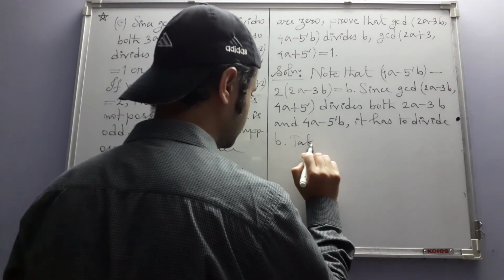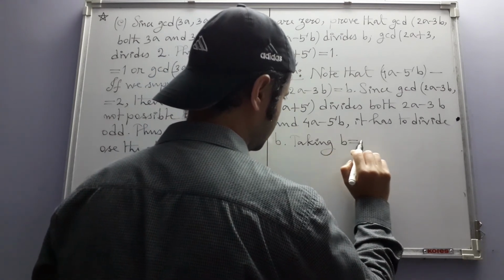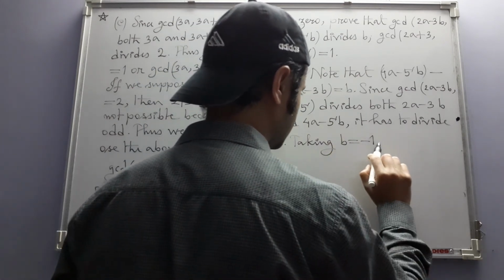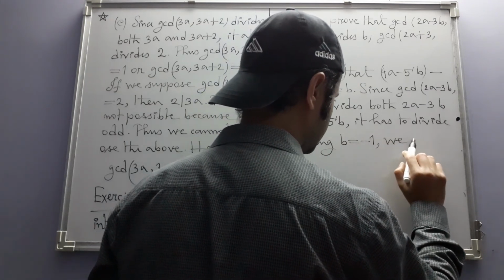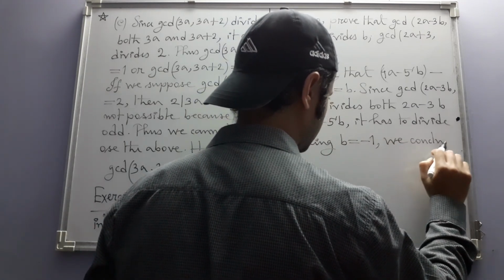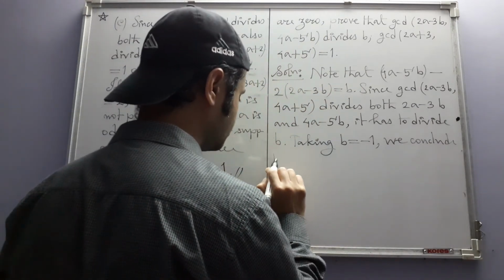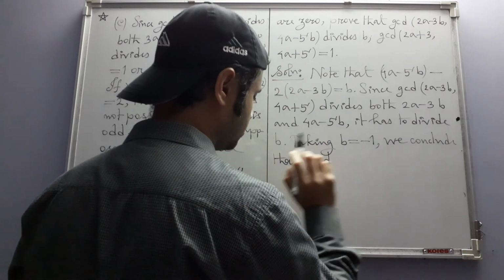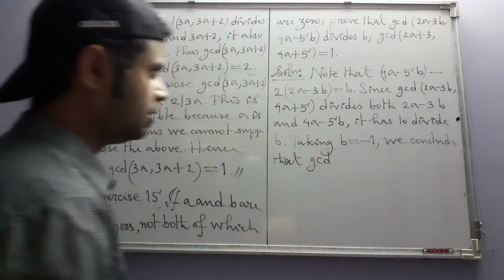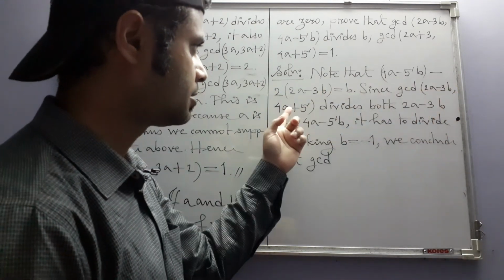Then taking b equal to minus 1, we conclude by what we have proved that GCD of, you see, if you take b equal to minus 1, what happens to these numbers?